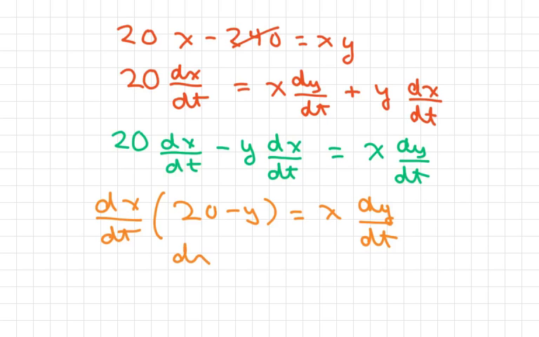So derivative of x with respect to t equals x over 20 minus y times the derivative of y with respect to t.